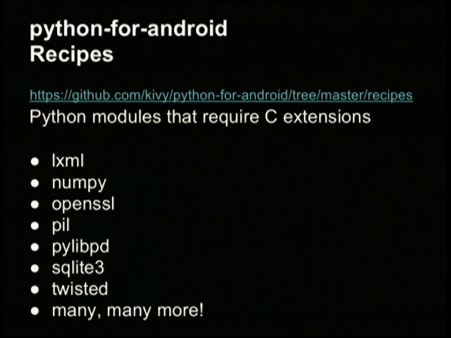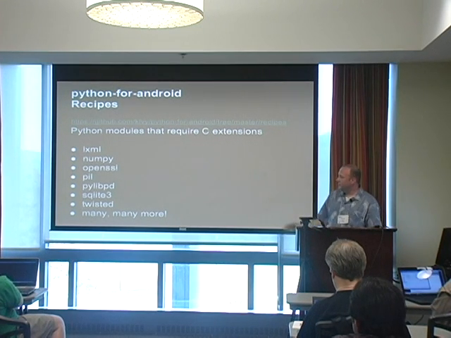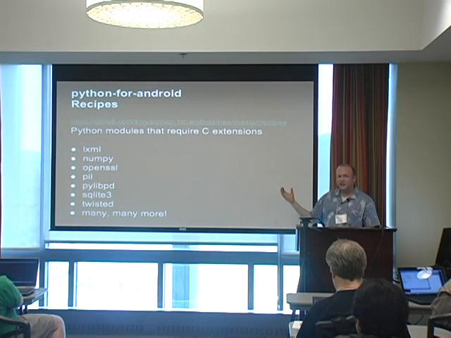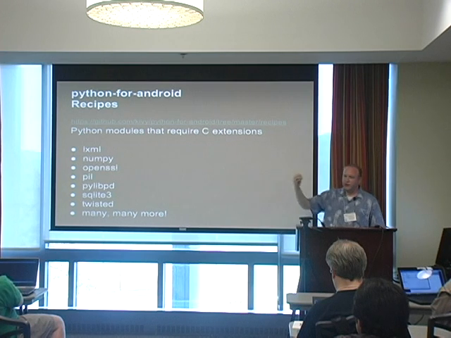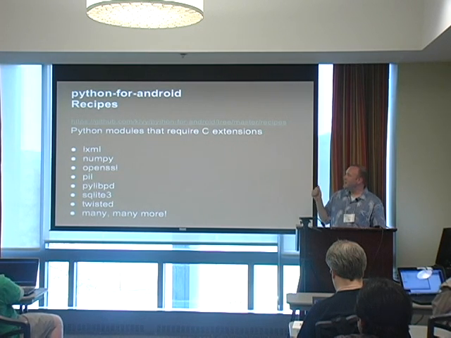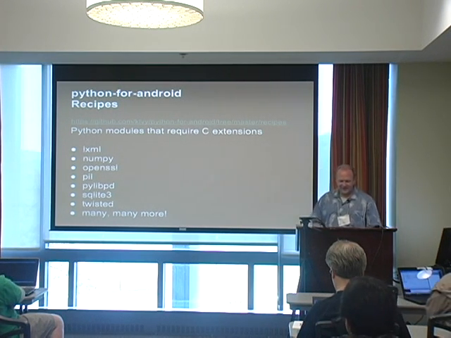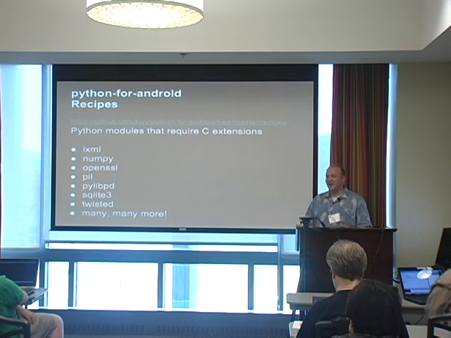So things like lxml, NumPy, OpenSSL, PIL, all these things that have C extensions, they've created a recipe that will download that code, compile it for you, and include it. If there's a recipe that you need that doesn't exist, you have to write it, and it can be kind of fun. If we have time at the end, I'll show you a recipe.